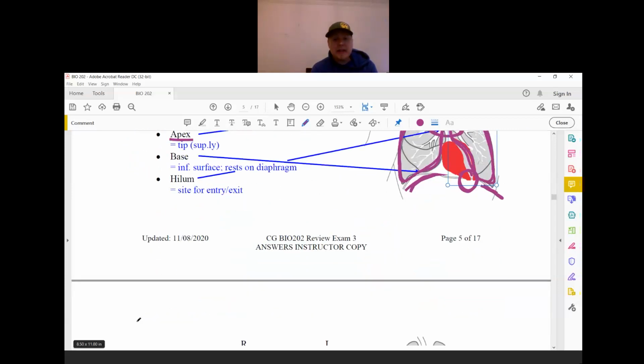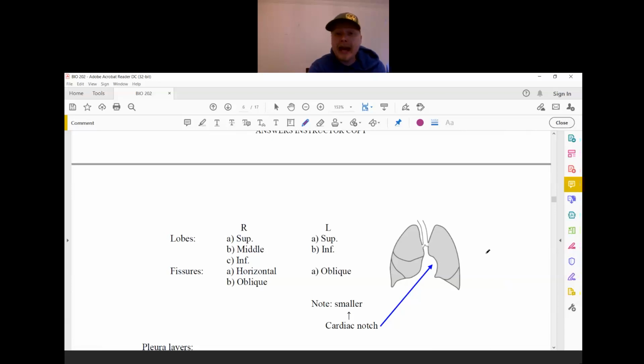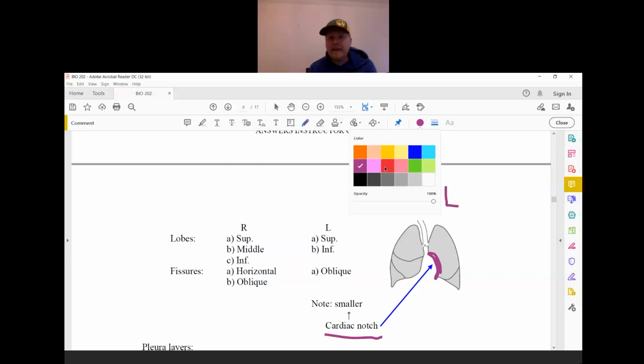Okay, let's have a look at the lungs in more detail. We notice that we have our right and left lung, and they are very different. I already mentioned the cardiac notch as a consequence of the heart taking the space on the left-hand side a little more, and as a result, we are left with a smaller left lung.